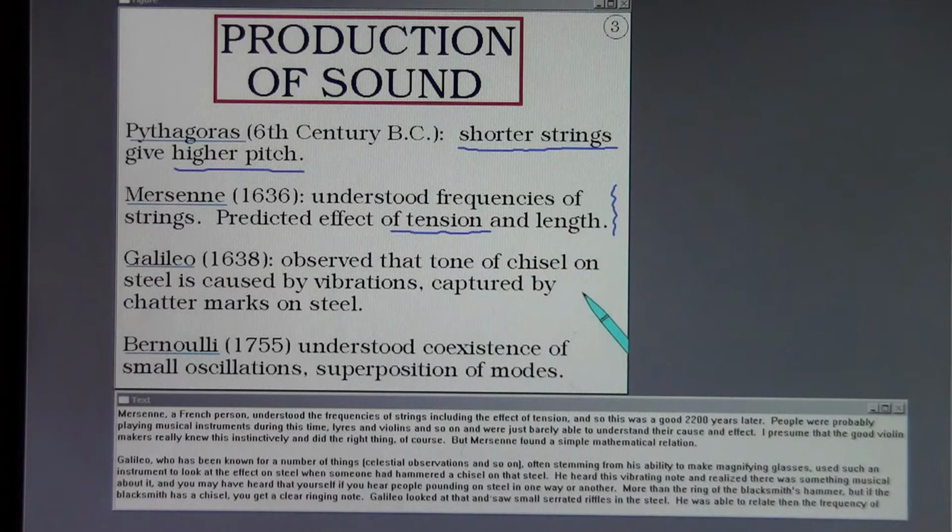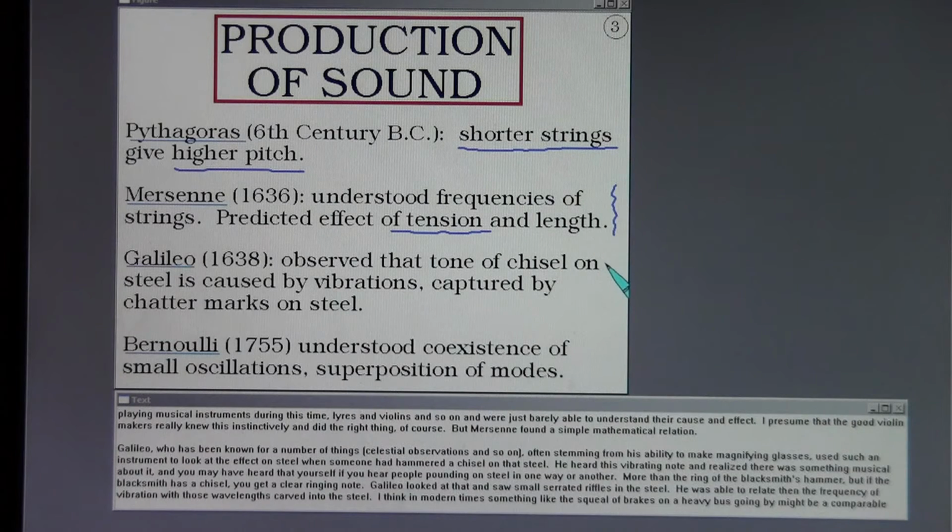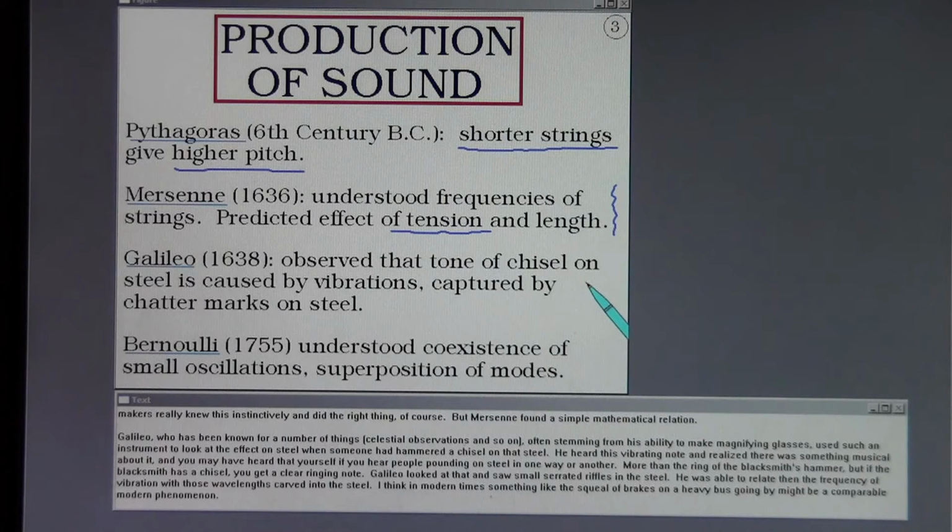Galileo, who has been known for a number of things, celestial observations and so on, often stemming from his ability to make magnifying glasses, used such an instrument to look at the effect on steel when someone had hammered a chisel on that steel, and he heard this vibrating note and realized there was something musical about it. And you may have heard that yourself if you hear people pounding on steel in one way or another, more than the ring of the blacksmith's hammer.